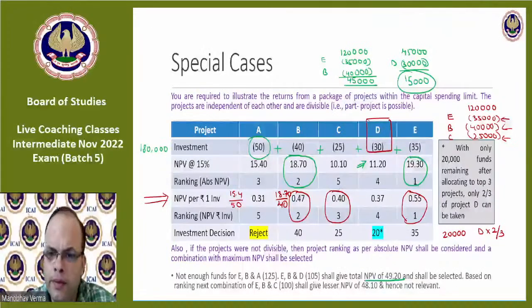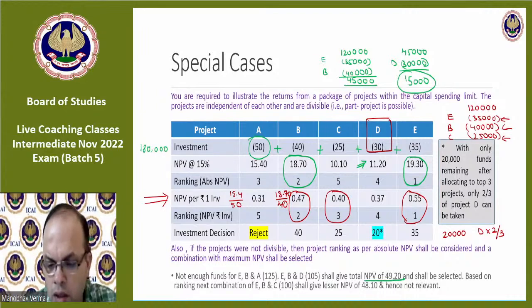Everyone with me on this? That with divisible projects, you can actually go to any extent. Let's see what you guys have to say on this. Any comments or do you agree? Raghavan says it seems logical. Okay.